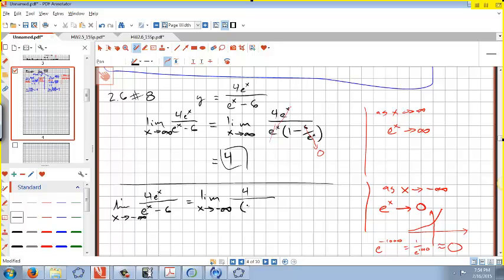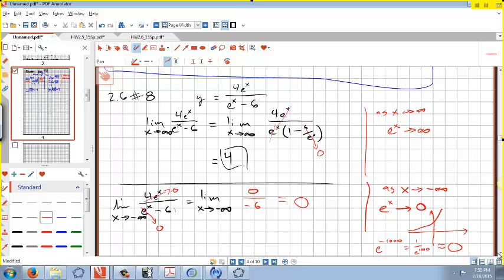Actually, in this case, we don't even have to factor out the lead terms. Notice the numerator goes to 0, and the denominator goes to 0 minus 6. So I end up with 0 divided by negative 6, which is defined, and this is just equal to 0.